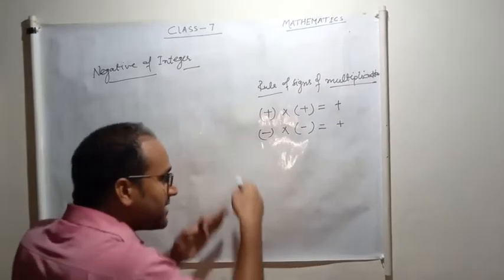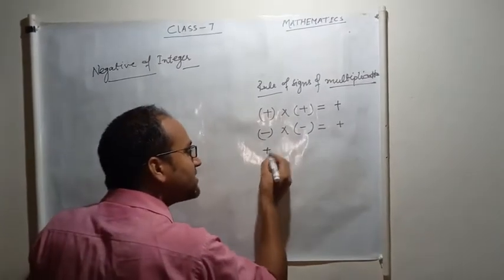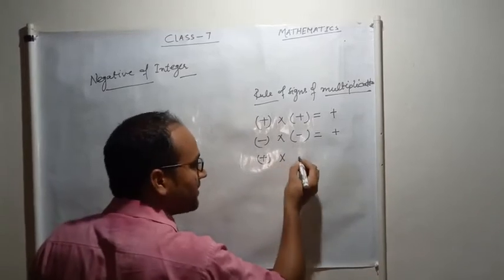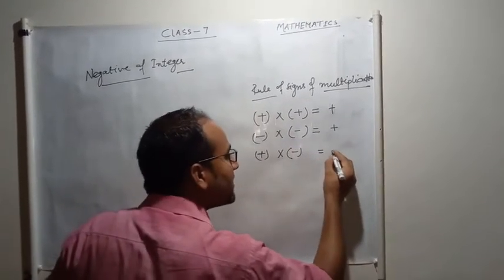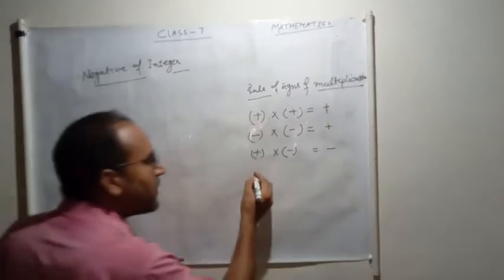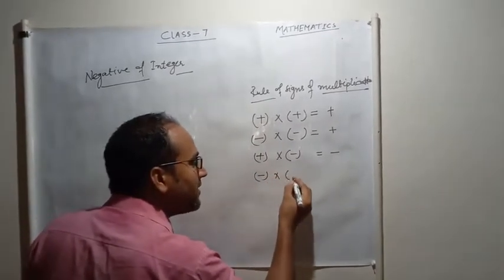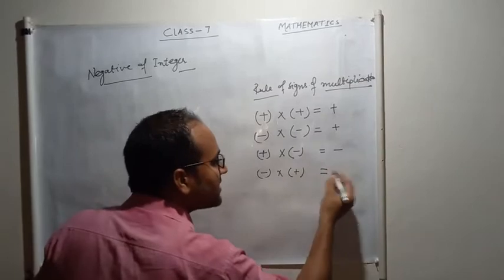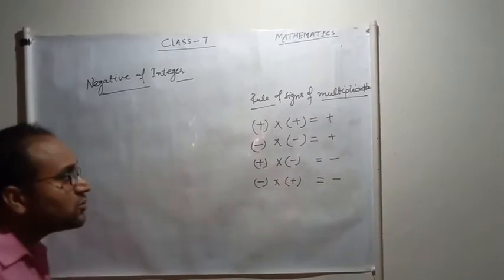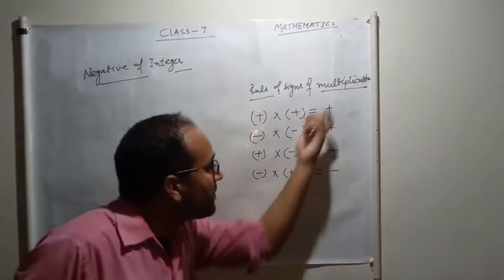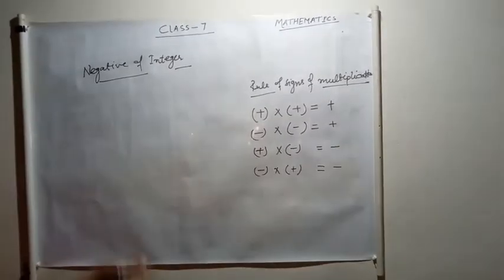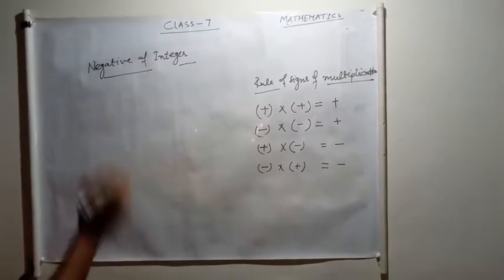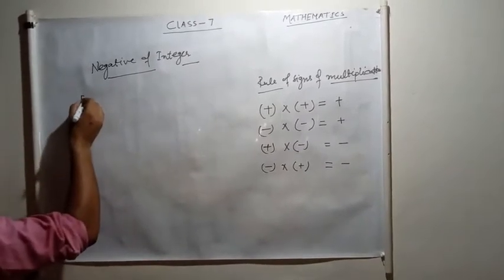And that is important: if plus is multiplied by minus, then we get minus. When minus is multiplied with plus, then we get minus. So in two cases we get plus, and in two cases we get minus. Very useful. After that I am going to discuss some examples.